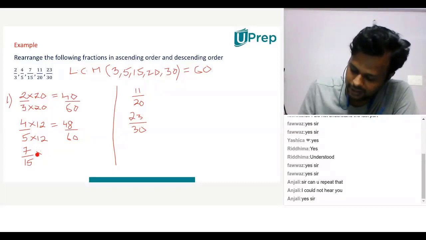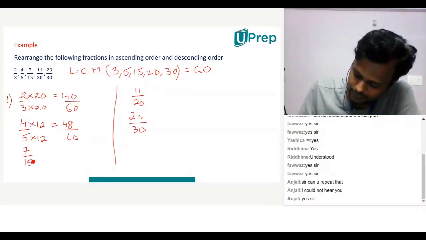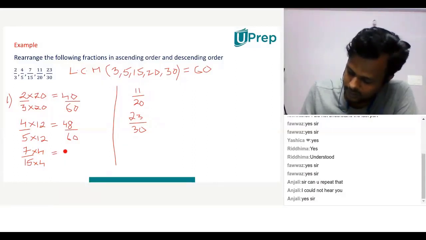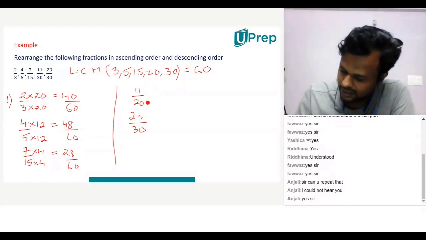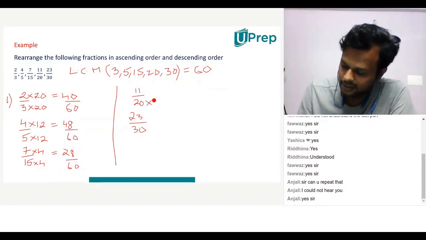And then I have the next one here. Children, what do I need to multiply here in the numerator and denominator so that I get 60? I will multiply it with 4. So I get 28 by 60. In the same way here, I have 20 in the denominator, so I'll multiply this with 3.